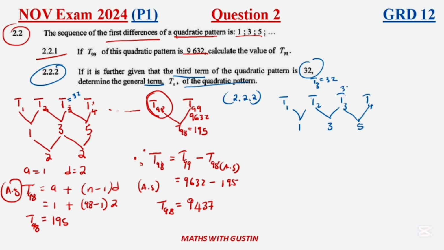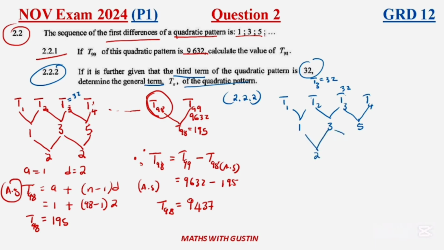They are saying this is 32, so 32 minus 3 should give us term 2. Okay, guys, now here you are just working backwards to go find the other terms here, so that you will be able to use this right here.